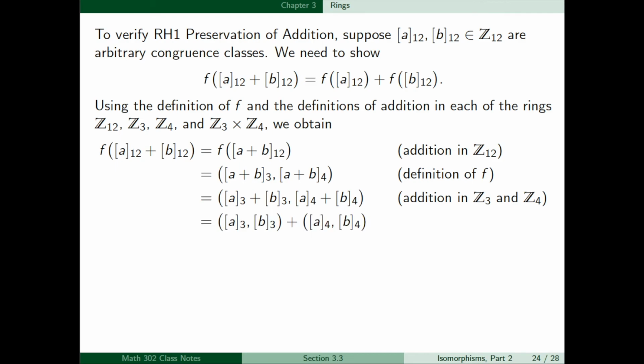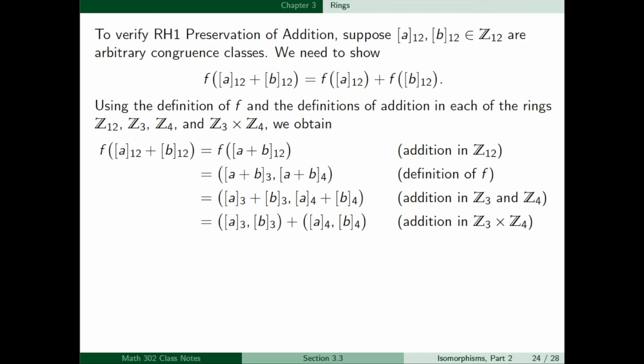And this will be equal to the ordered pair class of A in Z3, comma, class of B in Z3. No, that's a mistake. That should be the class of A in Z3 and then the class of A in Z4 plus the class of B in Z3 and the class of B in Z4.